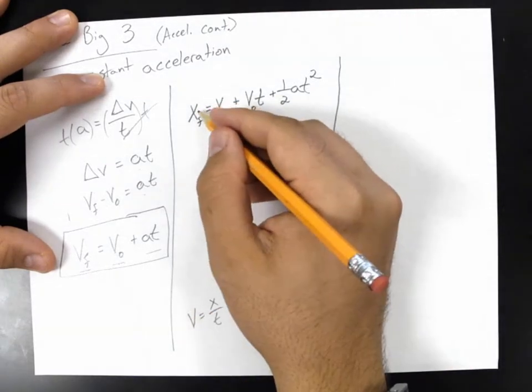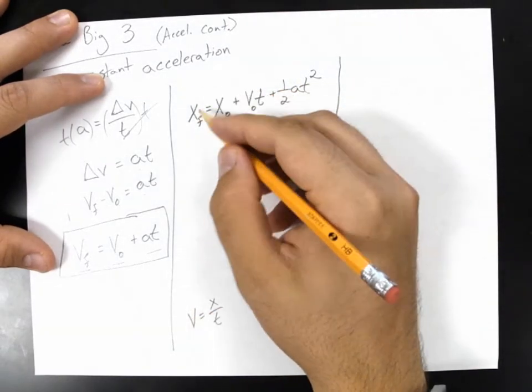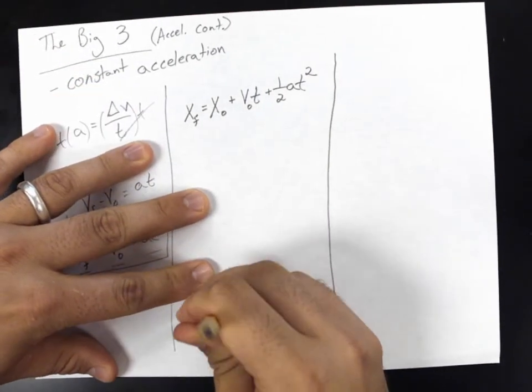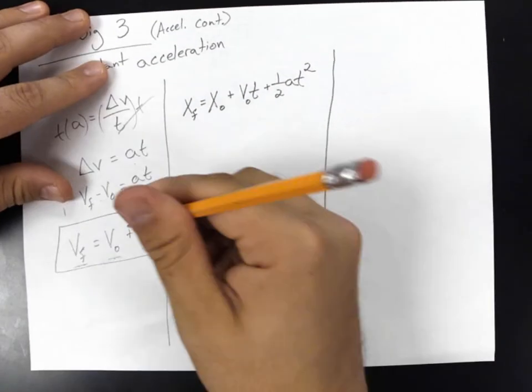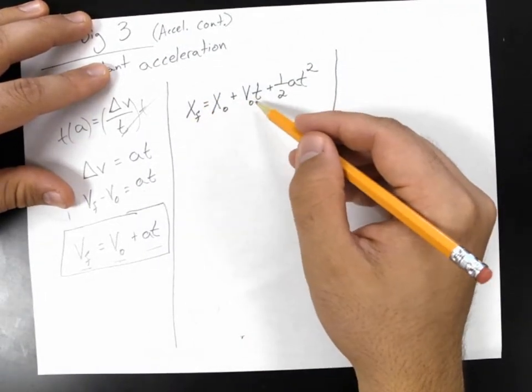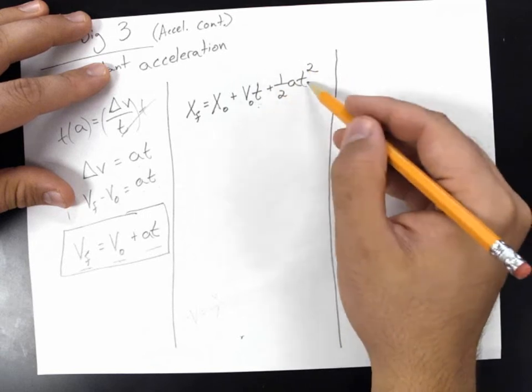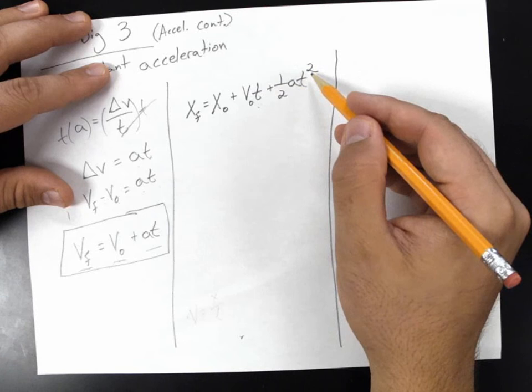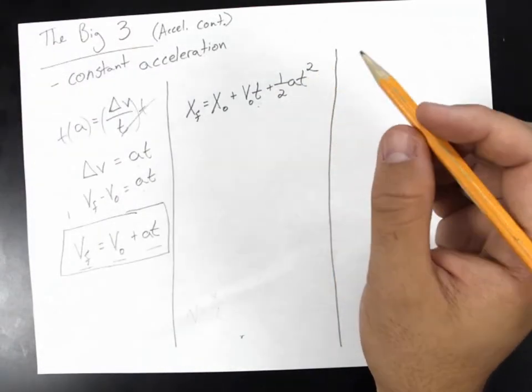This is position over time. Now, if we take the integral over time, this term will pick up a time term, and this term right here will pick up a half and a time term as well.